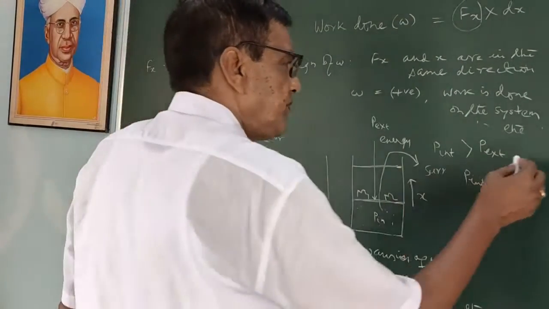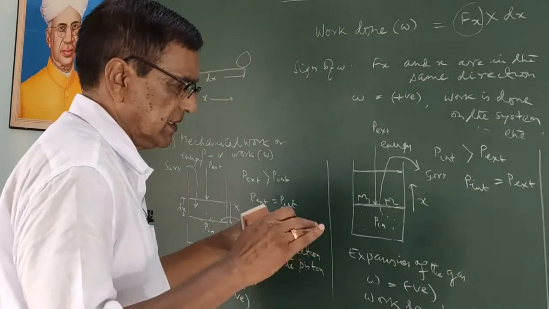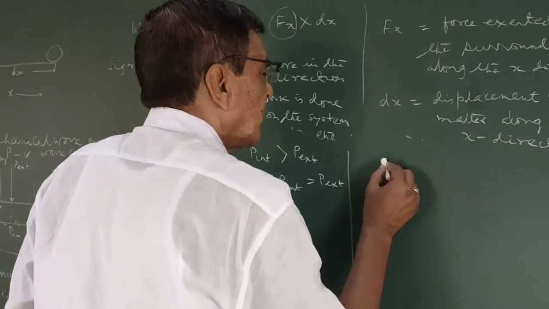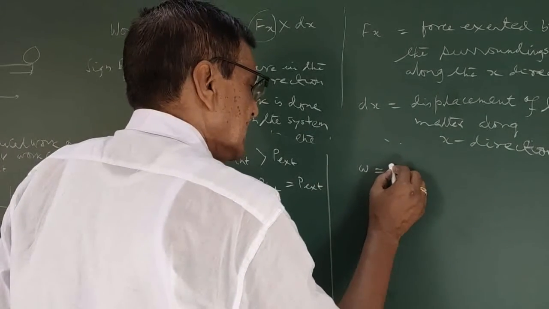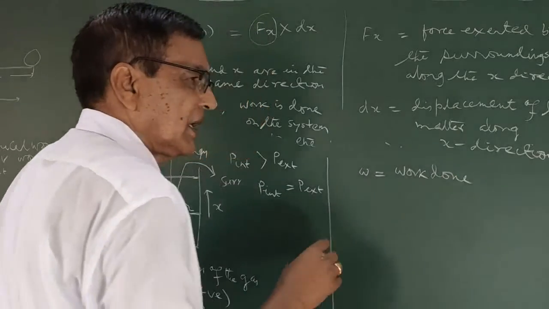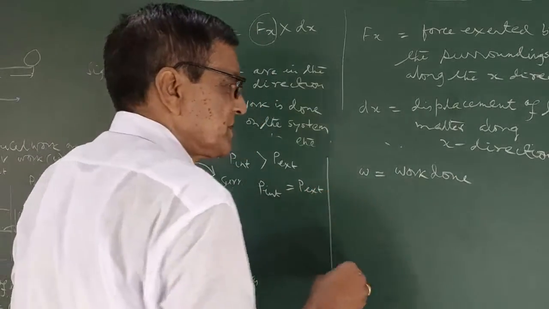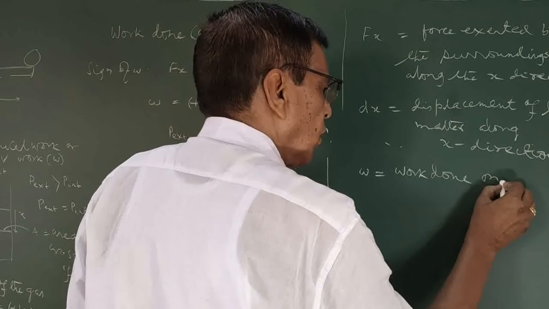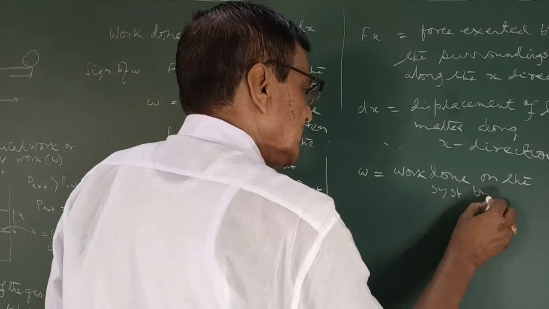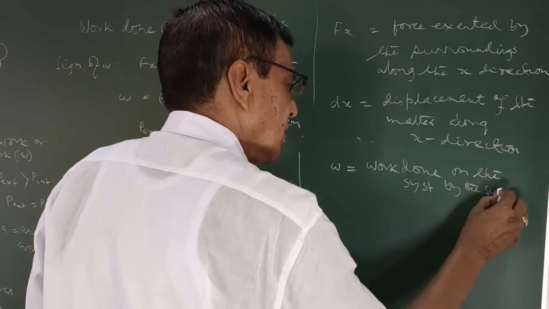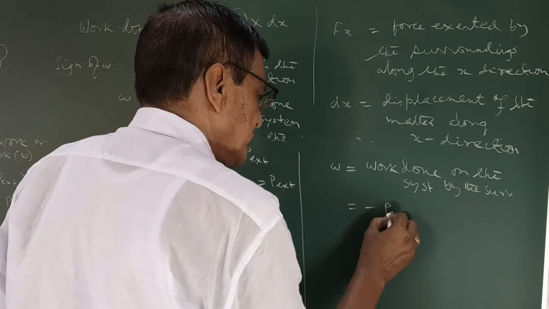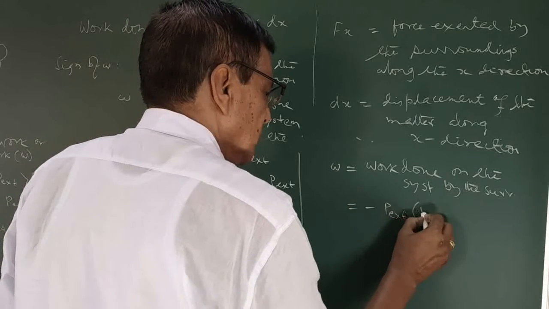So in a short way, if we define W, W is the work done according to the IUPAC convention, work done on the system by the surroundings, and this is equal to minus P external into dV.